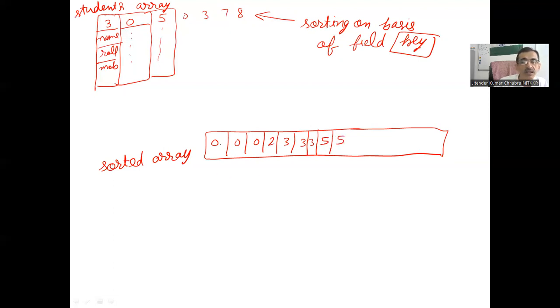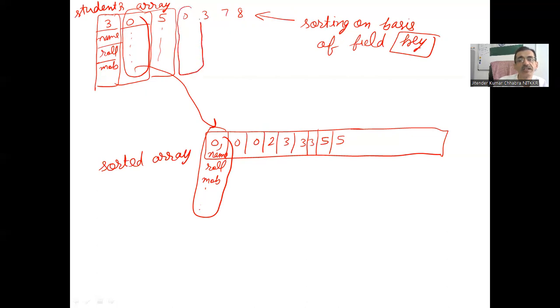But all that doesn't mean that only 0 is to be put here. It actually means this whole record is supposed to be at this position. So I have 0 plus name plus roll number plus mobile number, etc. When I said the second value is 0, it actually means this whole record will come to this position.